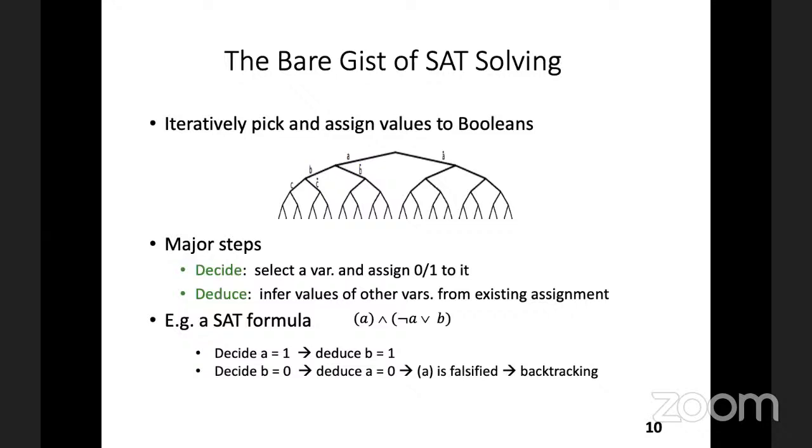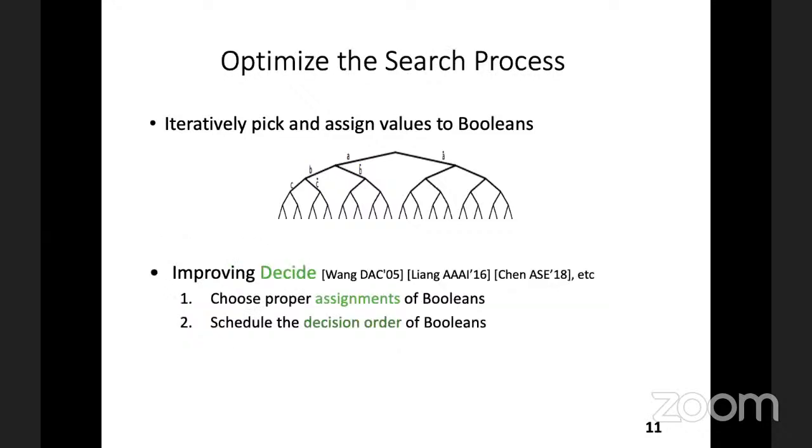Here, the solver has to perform some backtracking and start another round of search. As we can see, the order in which we select Boolean variables and the value we give them can affect the search procedure, and is crucial for the performance of SAT solving.